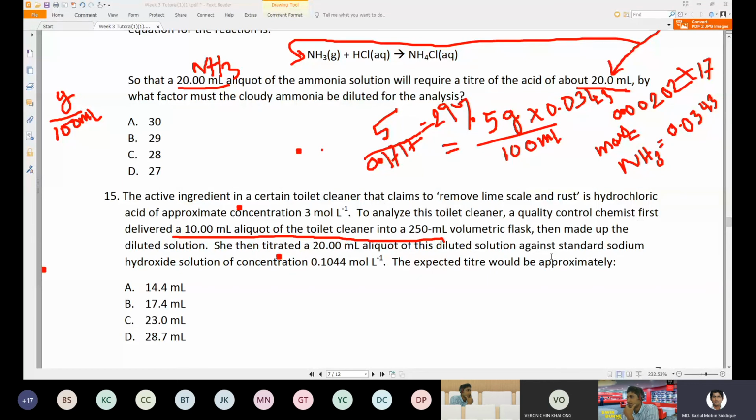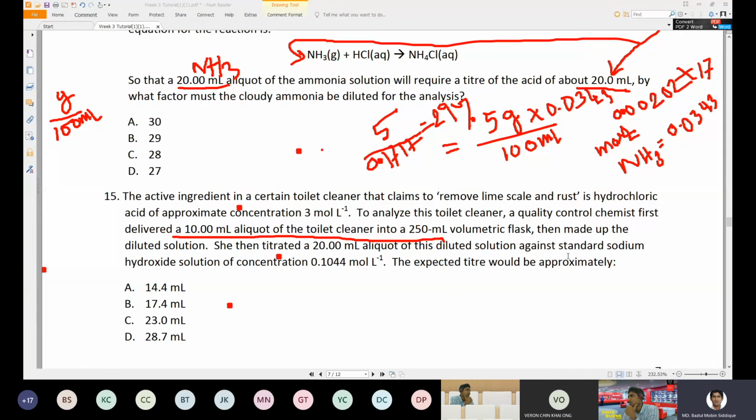So the volume of sodium hydroxide, I'm looking for the concentration of the HCl.